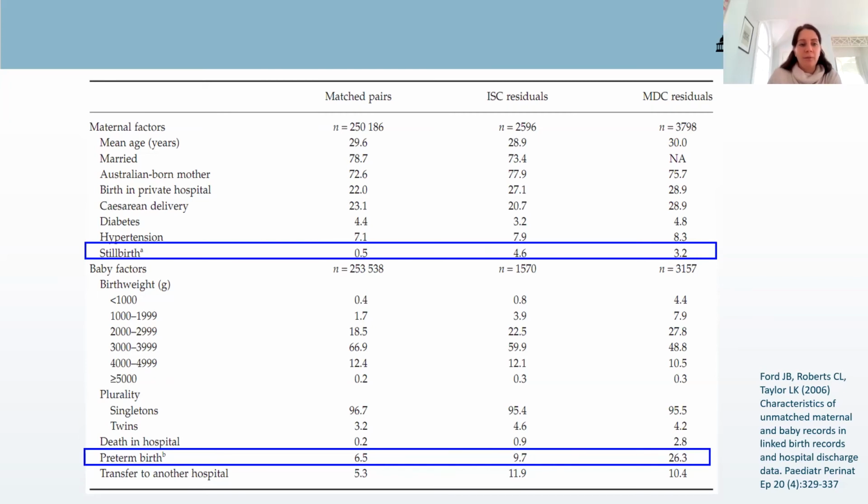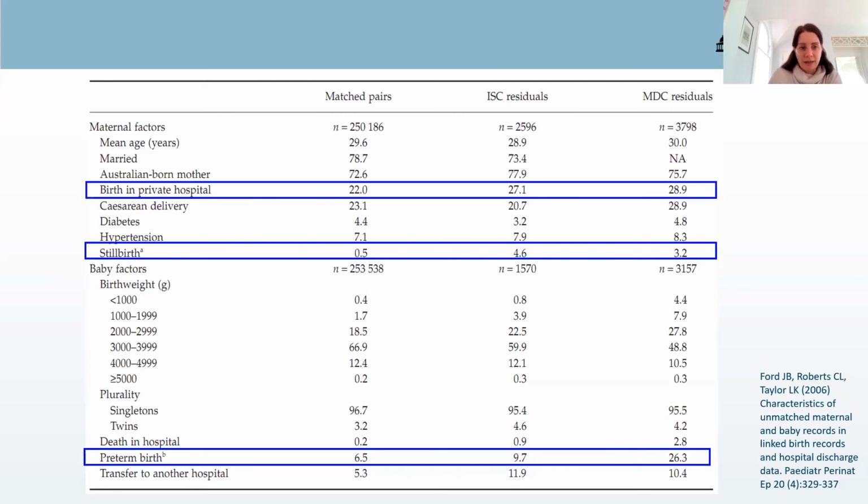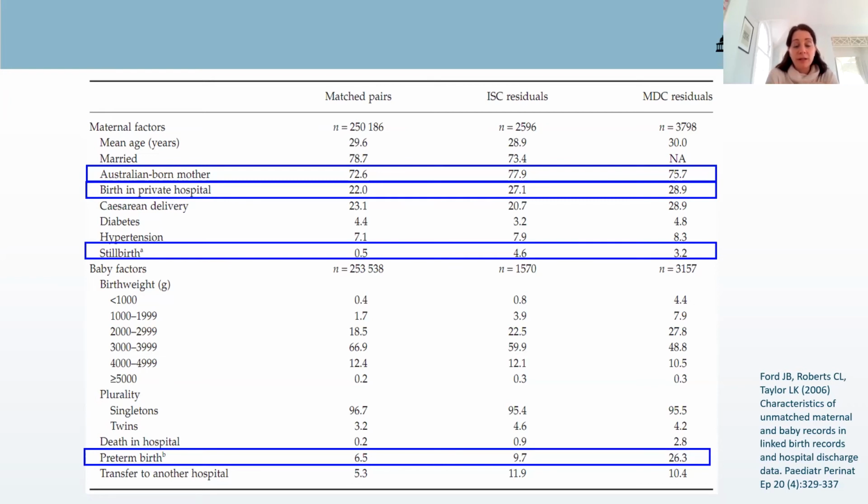And also that there were differences in the characteristics in terms of births in private hospitals and whether the mother had been born in Australia or in another country. So this can tell us maybe that there was something about the quality of the data from stillbirths and preterm births that meant that identifiers weren't recorded as accurately and they were more difficult to link.